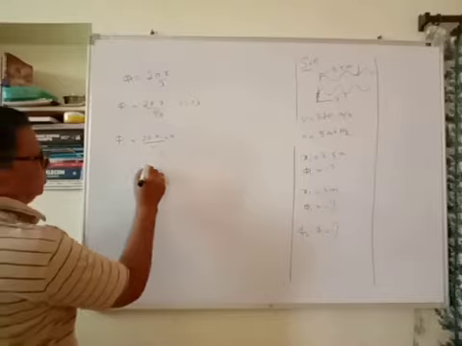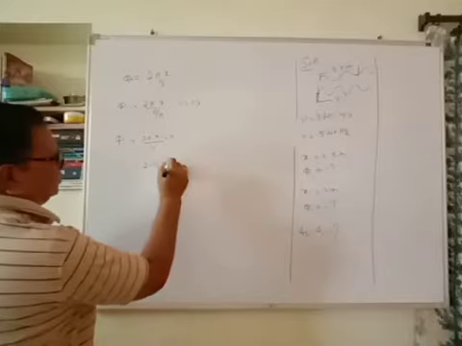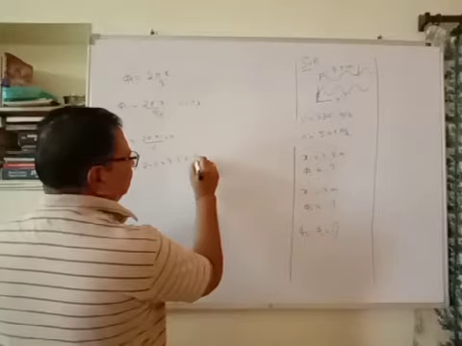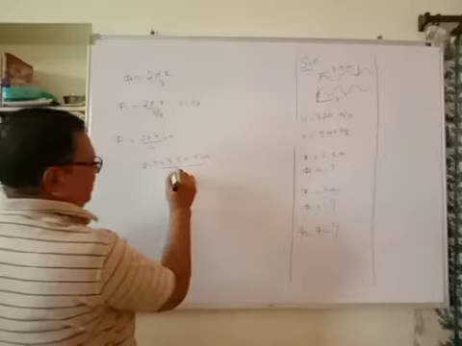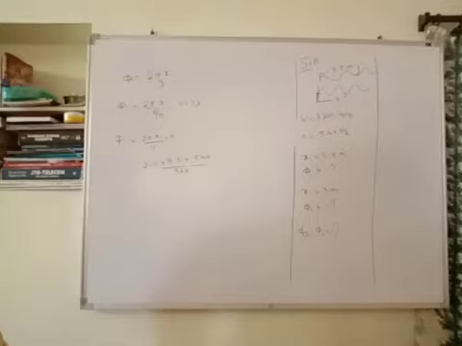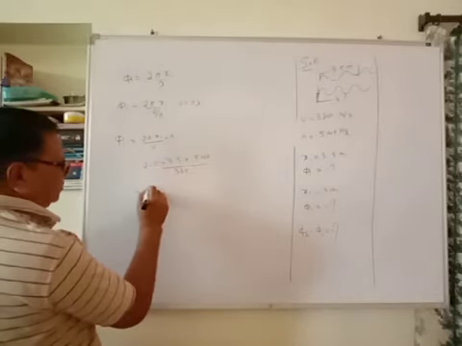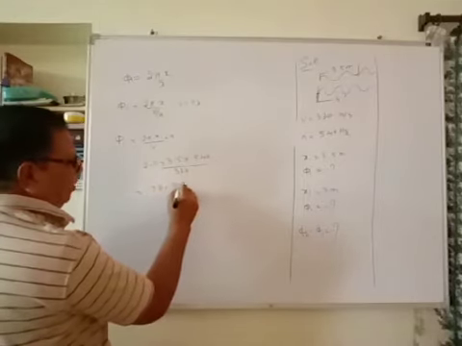So 2 into pi, x1 is 3.5, frequency n is 540 and v is 330. Which is equal to 3.5 into 2, that is 7 pi, into 540 divided by 330.